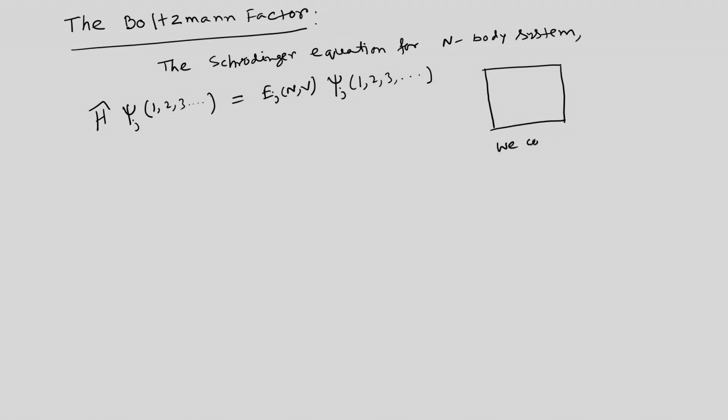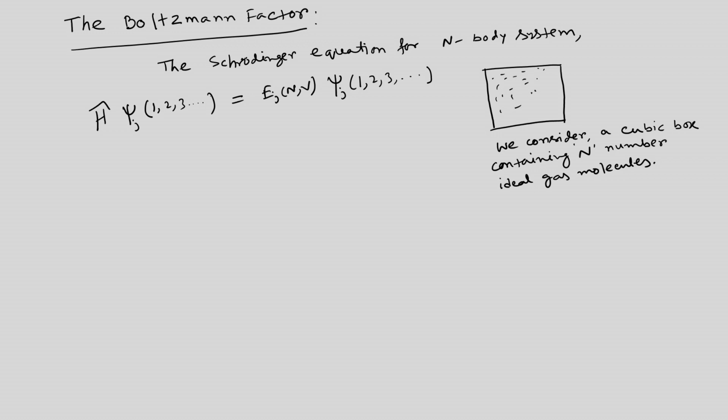containing n number of ideal gas molecules, and so we have one container here, and the volume of the container is V, and the edge length of each edge of this box is A, suppose.